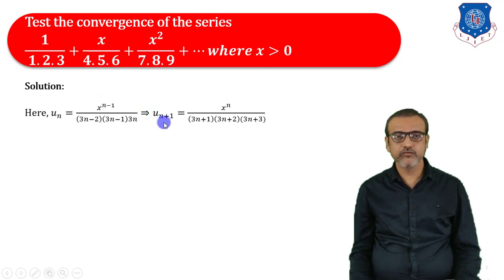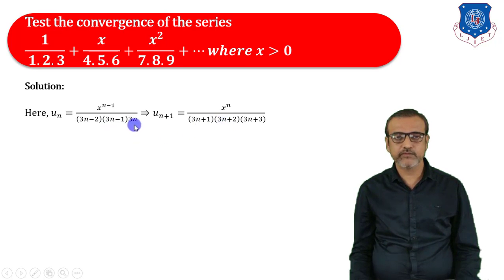Now we will find un plus 1, so replacing n by n plus 1, that equals x raised to n plus 1 minus 1, so it is x raised to n, divided by, replacing n by n plus 1, 3n plus 3 minus 2, so it becomes 3n plus 1. For this term, if we replace n by n plus 1, it becomes 3n plus 3 minus 1, so the result is 3n plus 2.